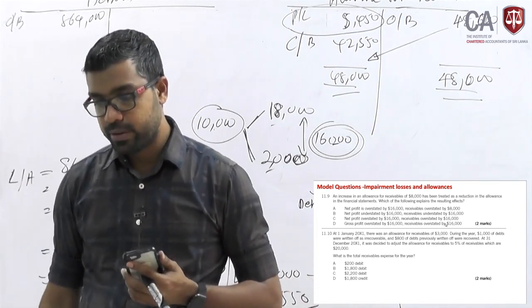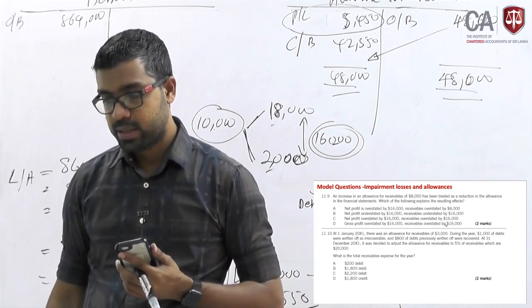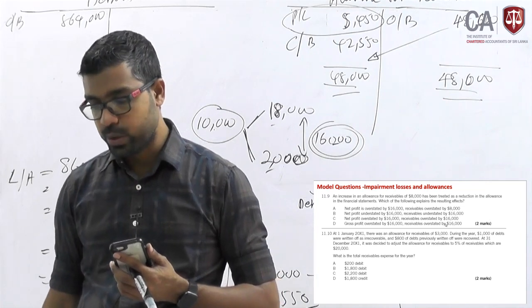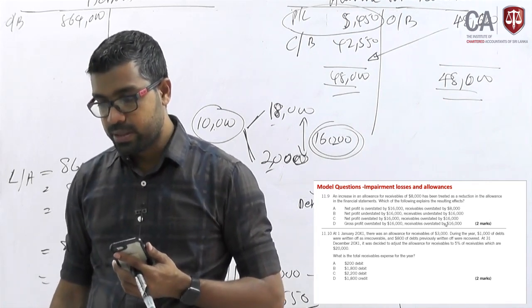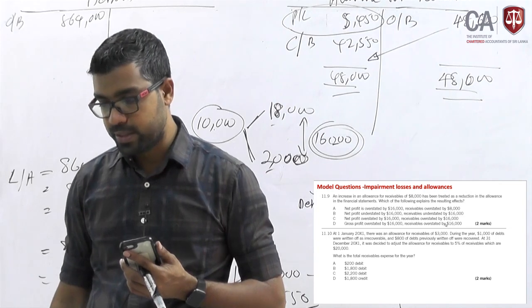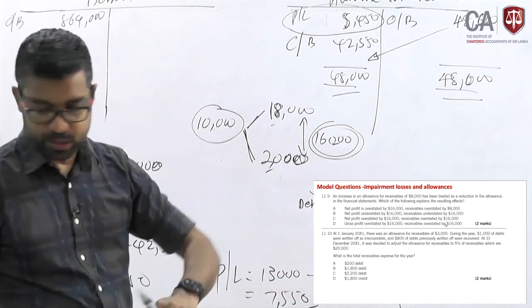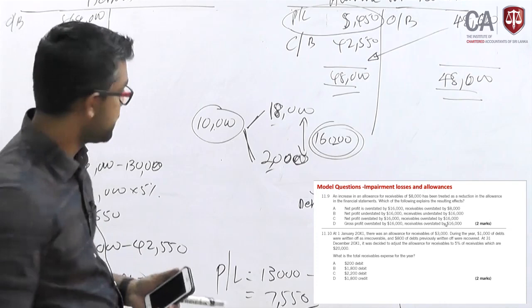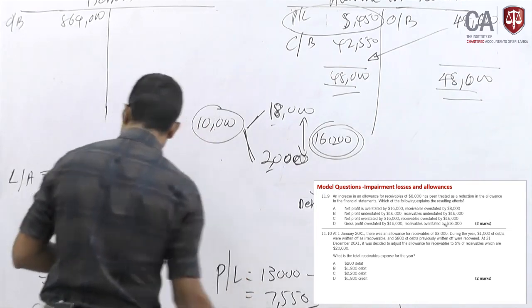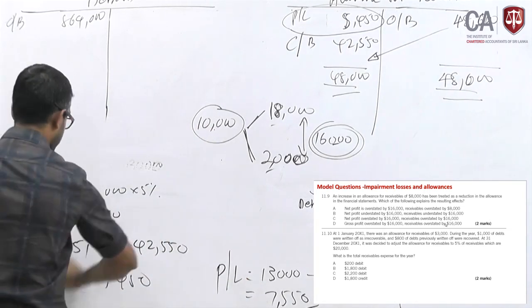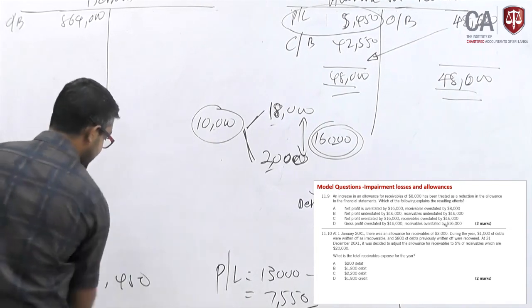Question number 10. At January 1st 2011, there was a loss allowance for receivable of 3,000. So again we have to deal with numbers. Till I erase this board, you can read and understand the question.